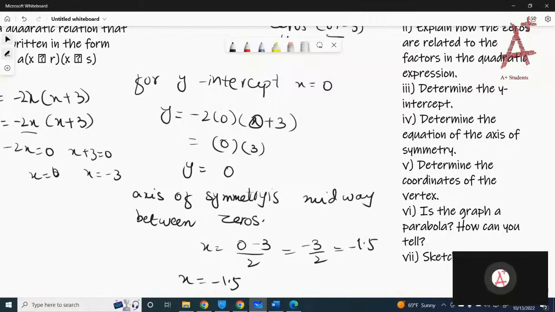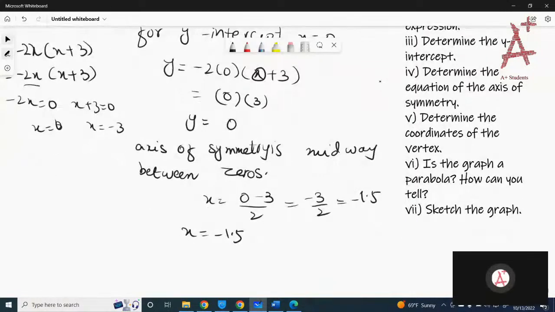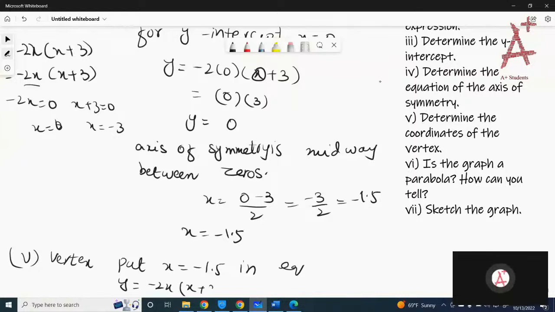Okay, then we have to find the vertex. Determine the coordinates of the vertex. So how can we find the vertex? We have the axis of symmetry, x equals -1.5. To calculate the vertex, put x equals -1.5 in the equation y equals -2x times (x plus 3).